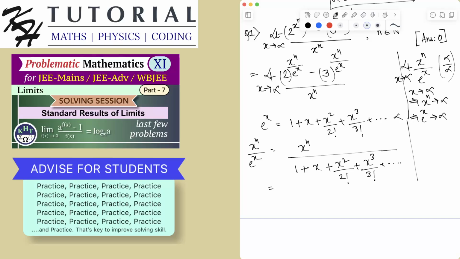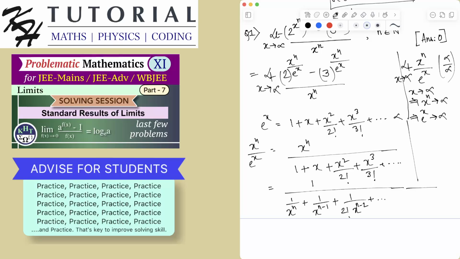If I divide both the denominator and the numerator by x to the power n, I have 1 by x to the power n plus 1 by x to the power n minus 1 plus 1 by 2 factorial x to the power n minus 2, and it will go on.